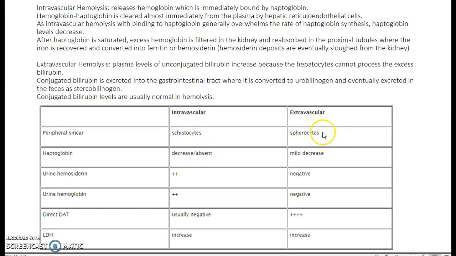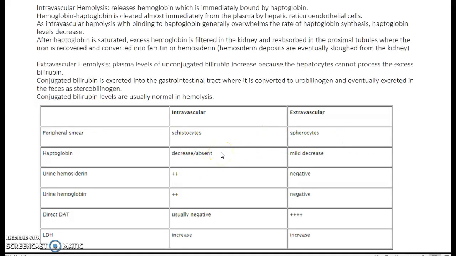Versus extravascular, where the spleen is processing these, the reticuloendothelial system. It takes bites out of the membrane and gradually shrinks these cells down, and they turn into spherocytes. So remember that you can get spherocytes not just with HS, but with any sort of extravascular hemolysis.